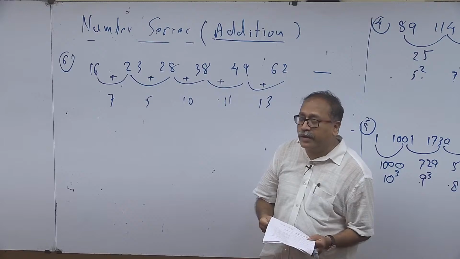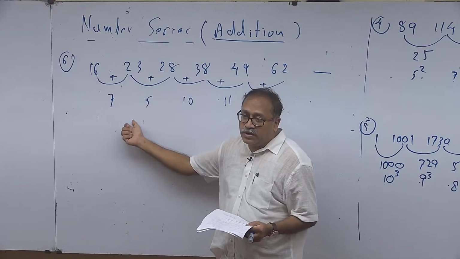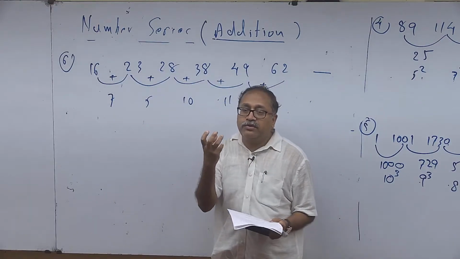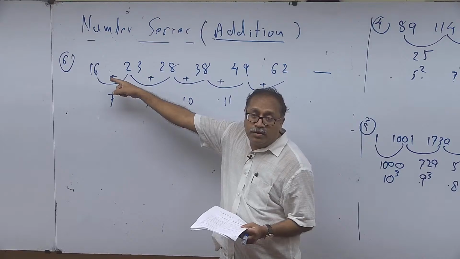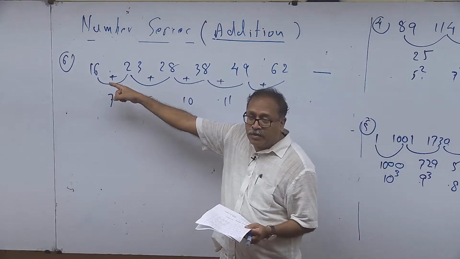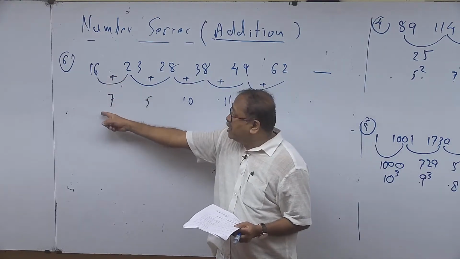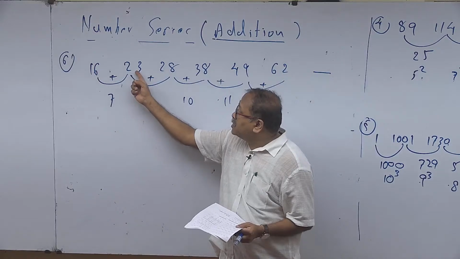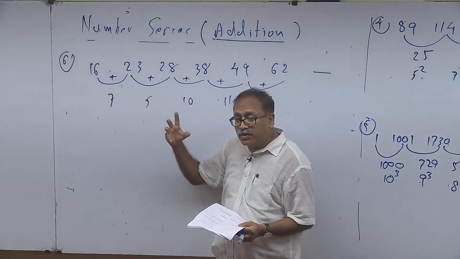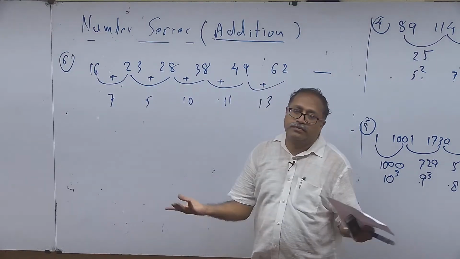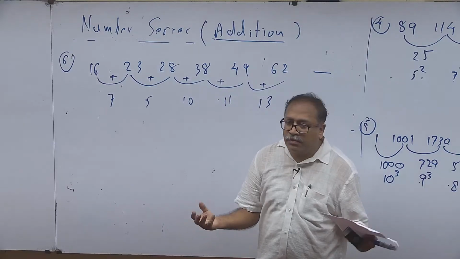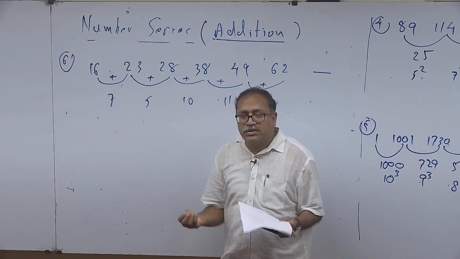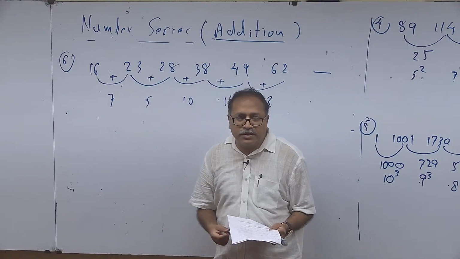Sometimes what happens is the numbers used here are derived by using the digits of the number. Can you see that 16 and 7 here? Can you see that 25 and 5 here? So what you are understanding is the sum of the digits. The number which I am adding to that number is nothing but the sum of the digits of that number.